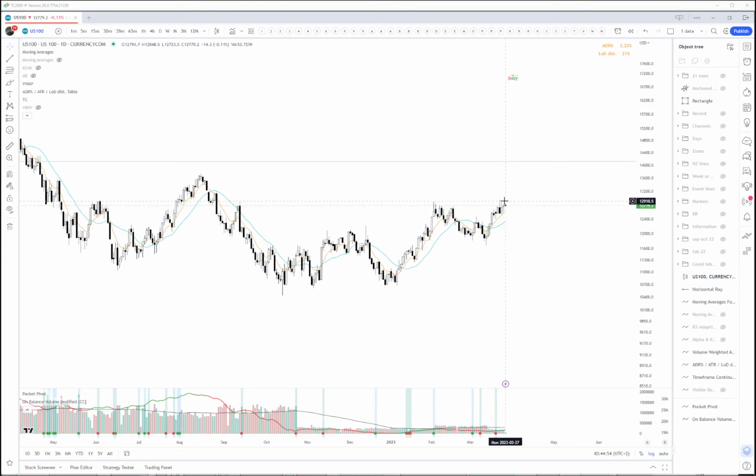So we're kind of oversold here from that indicator point of view. If we would come down further, we would get really oversold, and that could be a signal for a new multi-year bull market to start.